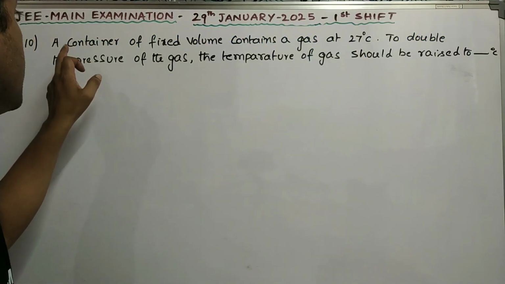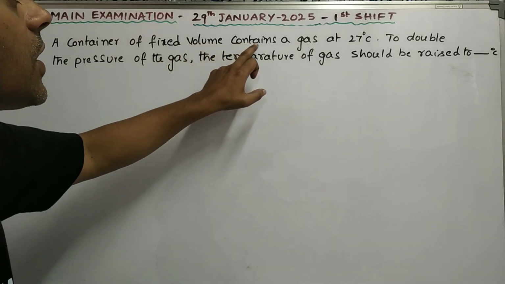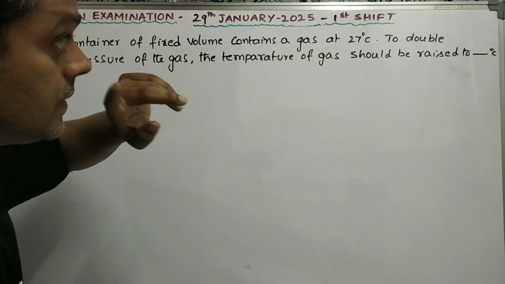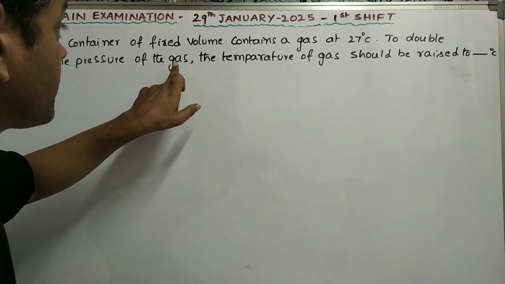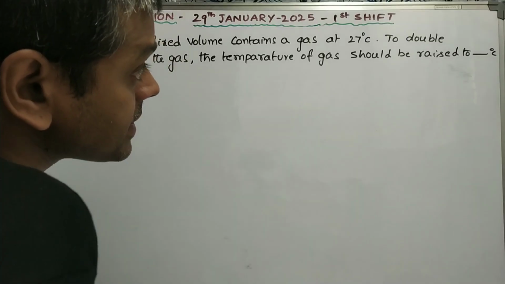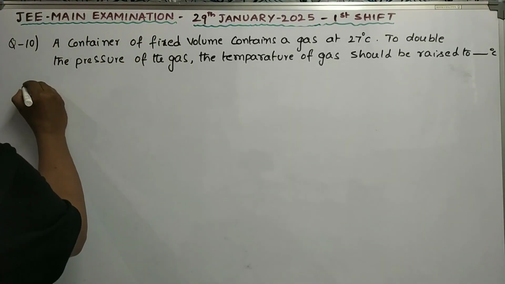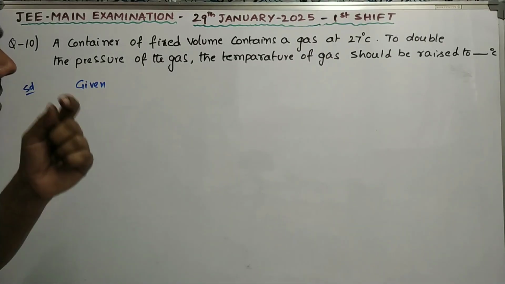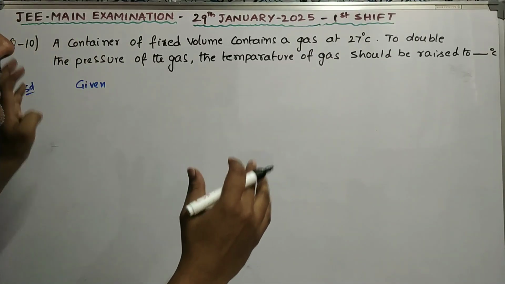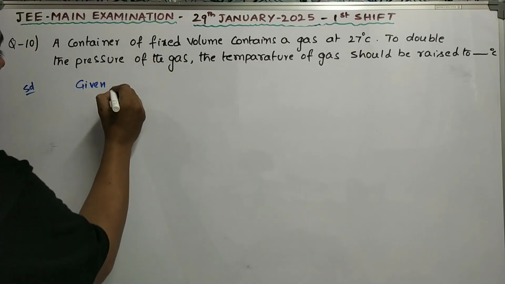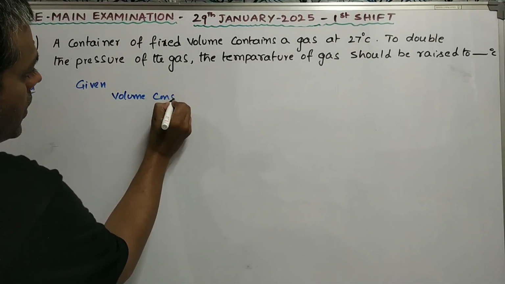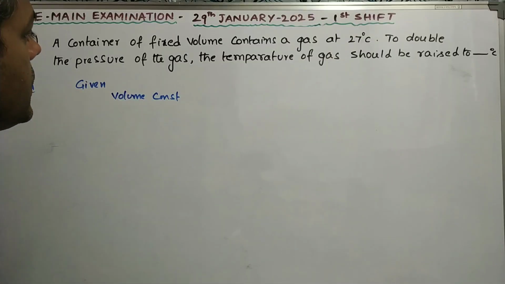The 10th question. A container of fixed volume contains a gas at 27 degrees Celsius. To double the pressure of the gas, the temperature of the gas should be raised to? So first, what is given? A gas is fixed in a container, so its volume remains constant.